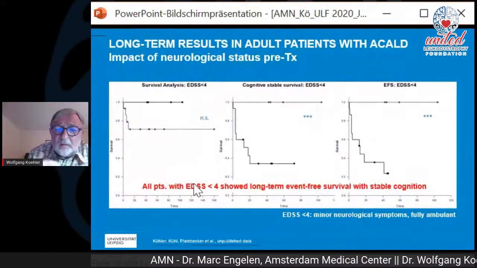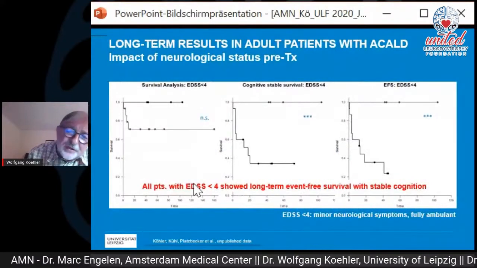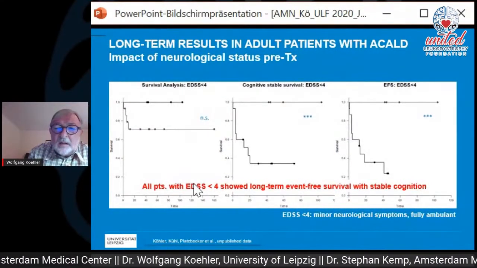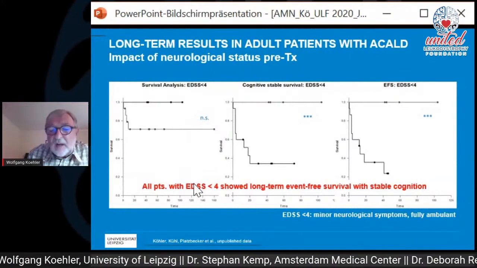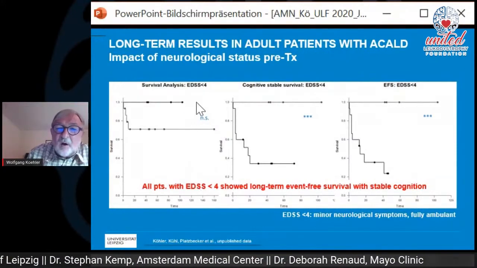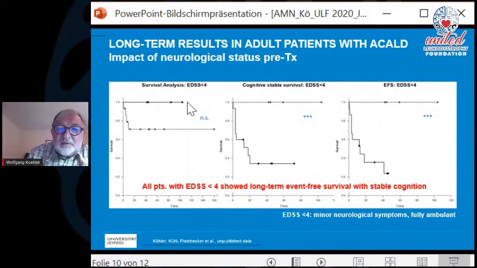So there, we're also asking, are there some conditions before treatment? Are there patients who do better after treatment? Yes, and indeed, obviously, if you have fewer symptoms before treatment, let's say an EDSS under 4, which means that you are still able to walk independently, we have 100% survival, 100% preservation of cognitive stable survival, and event-free survival long term.